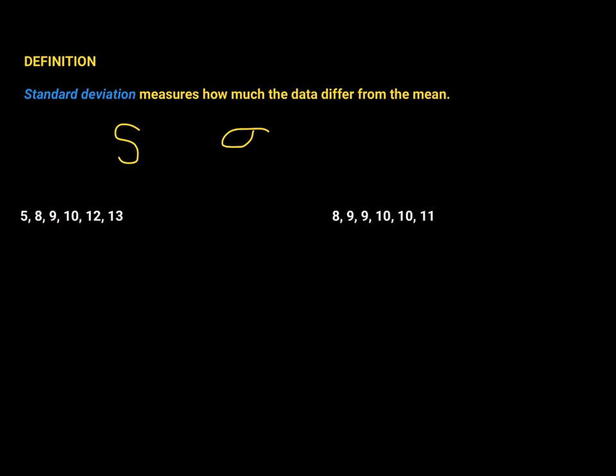What's important for us to note is that the larger the variability of the data about the mean, the larger the standard deviation. For example, both of these sets of data have a mean of 9.5. Both of them. But which set of values do you think differs less from the mean? Look at this picture.